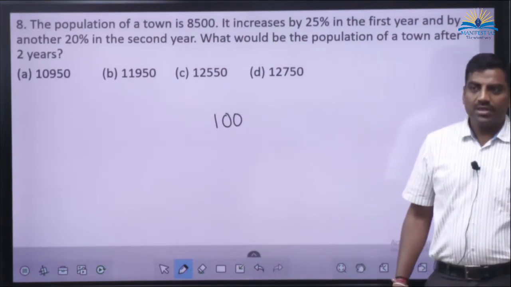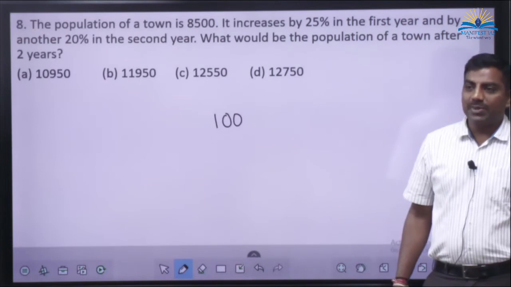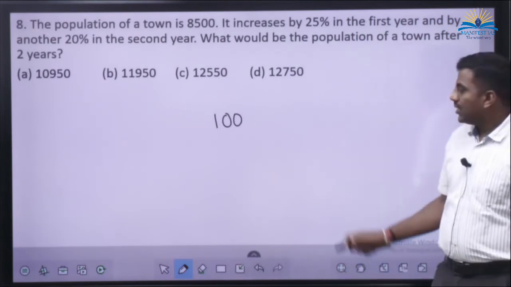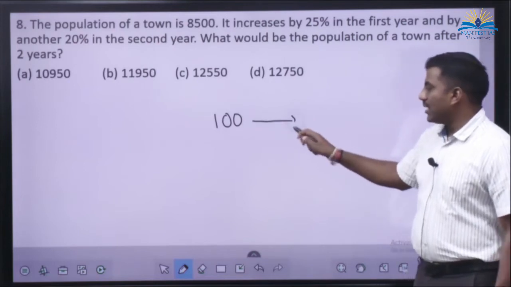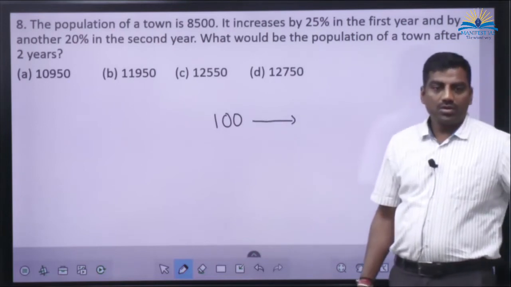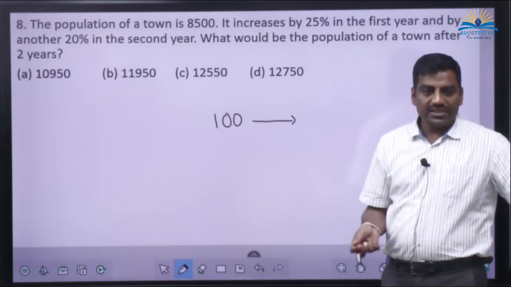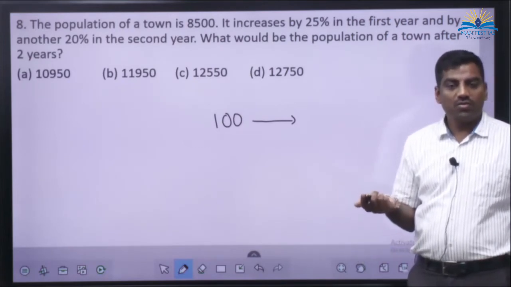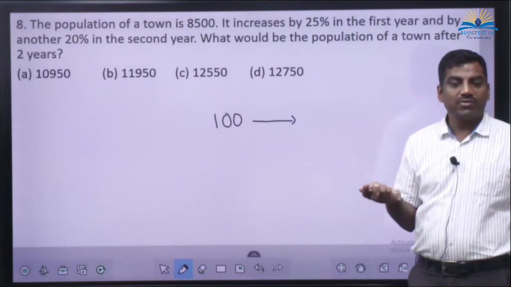Next year, it will increase by 20%. So, the population of the city will become what? It will increase by 20%, so it will become what? 120, how? It is increasing by 20%.